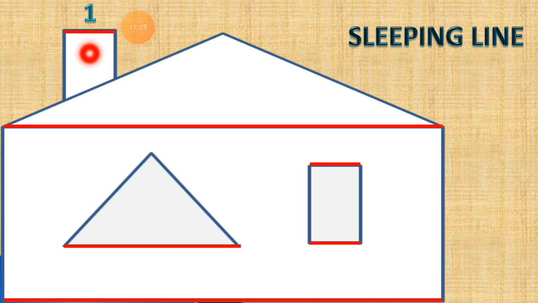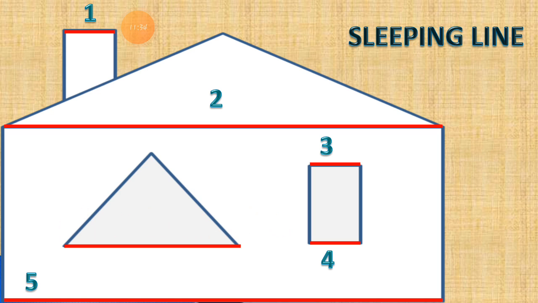Then the second sleeping line. Then here is sleeping line number 3, sleeping line number 4, and at the bottom of the house, at the basement, you can see I wrote number 5. There is one more sleeping line there.